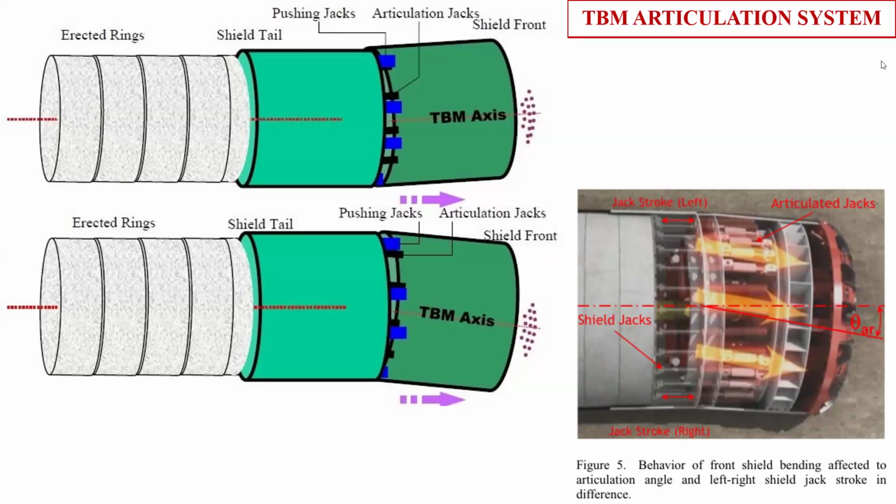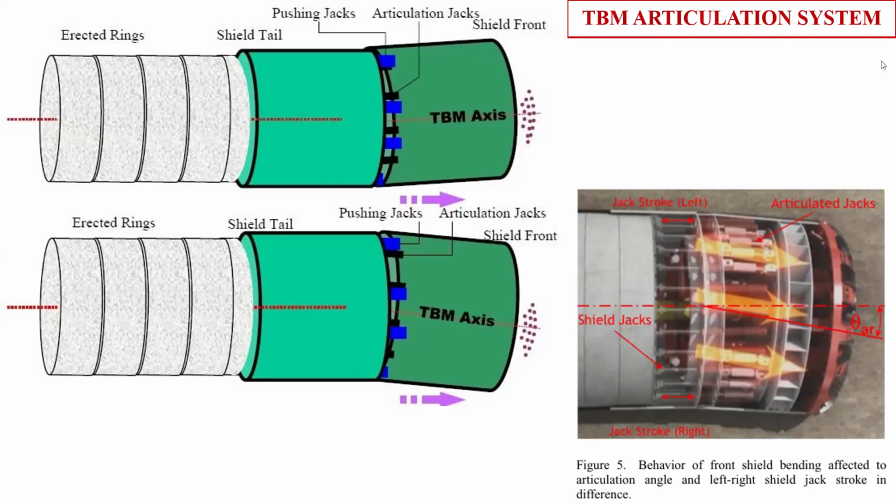According to the alignment, how the TBM changes position is called articulation of the TBM. The TBM articulation is basically that the TBM can move in a left-hand pattern, a right-hand pattern, an upward pattern, or a downward pattern. There are articulation jacks. In the TBM shield there are two types of jacks: the pushing jack and the articulation jack.